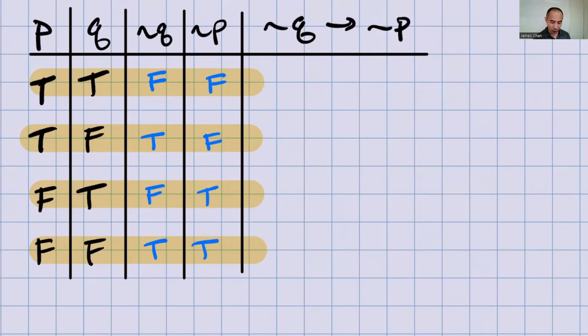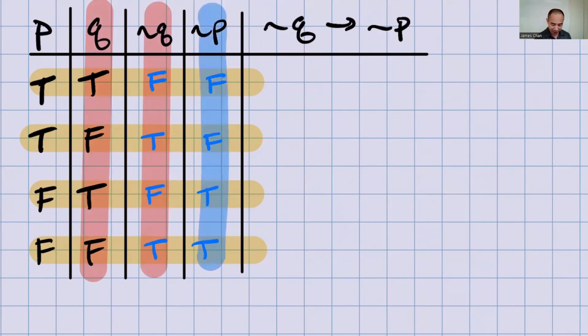So in other words, when I'm negating a Q, I've got to make sure that I'm looking at the Q to negate. When I'm negating the P, I've got to make sure I'm looking at the P to negate. Does that make sense? All right, cool.